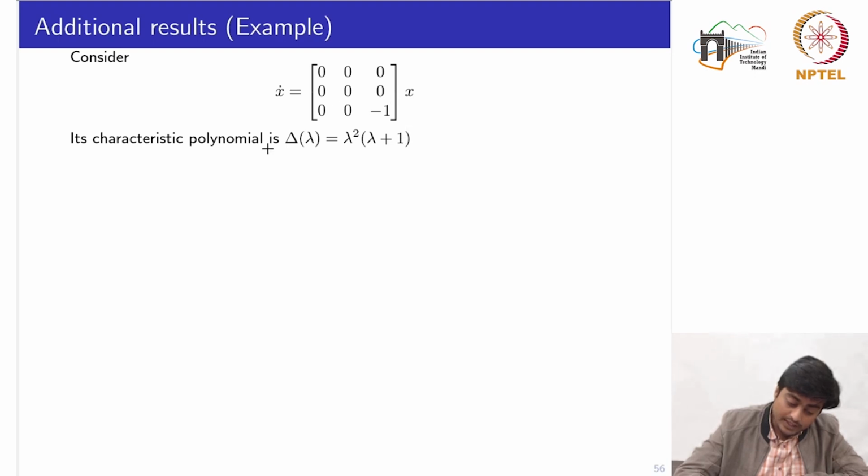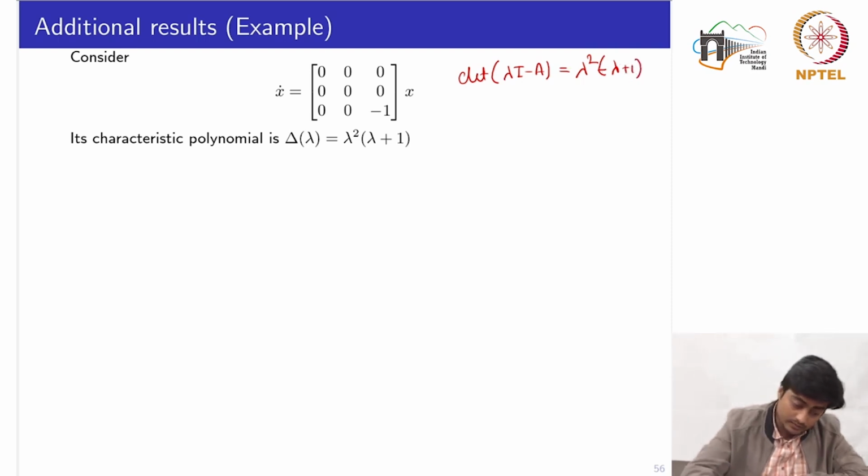So if you compute the characteristic polynomial, which is given by the determinant of lambda I minus A, it is given by lambda square, lambda plus 1.